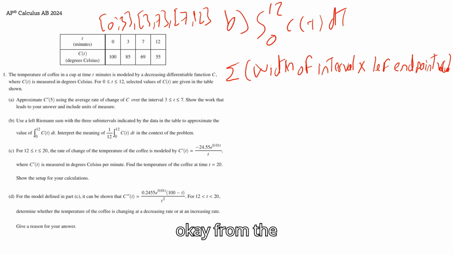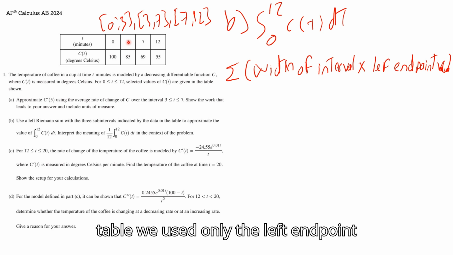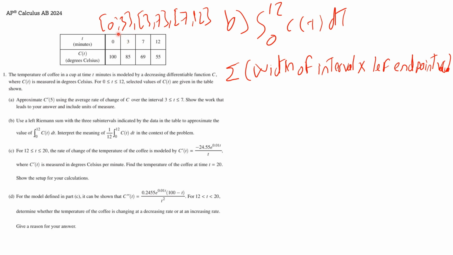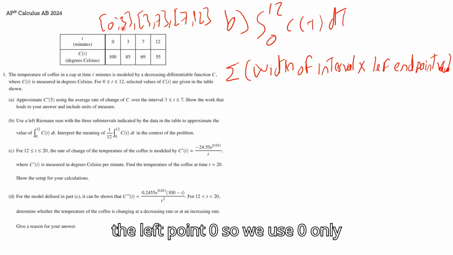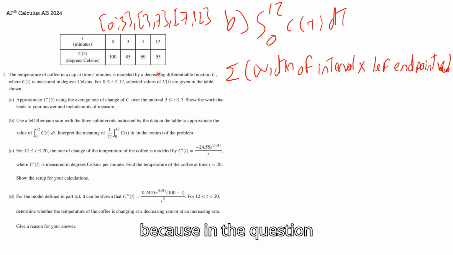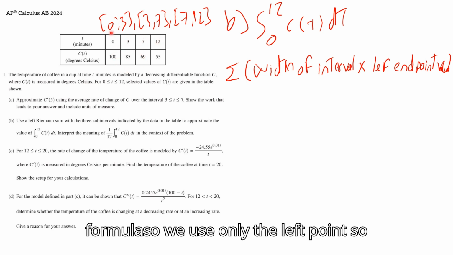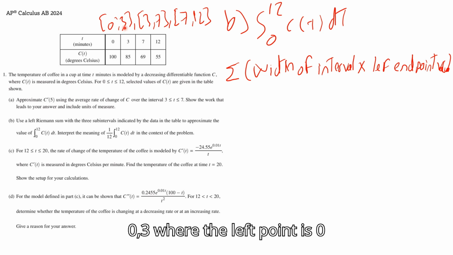From the table, we use only the left endpoint, because the question says left Riemann sum. So for the interval 0 to 3, the left point is 0.